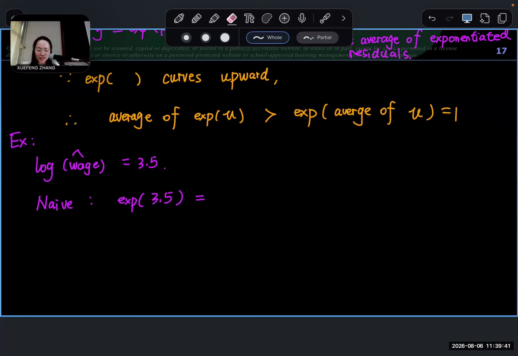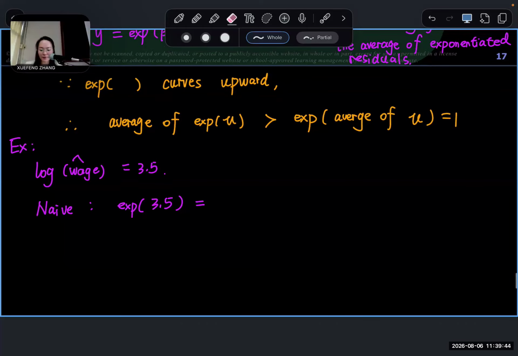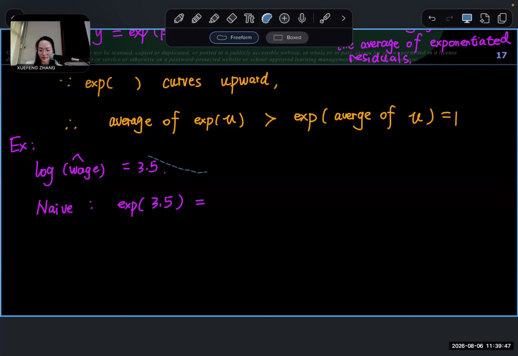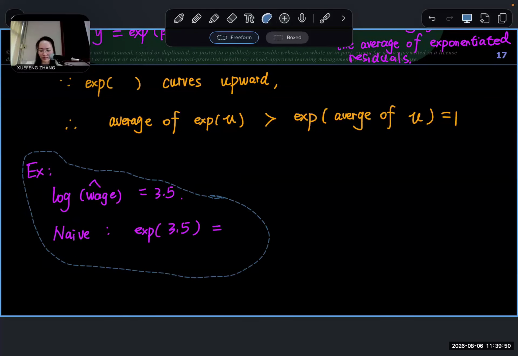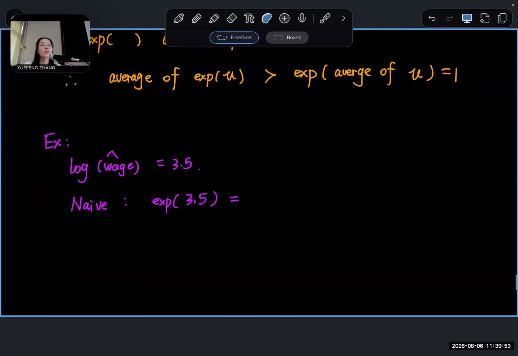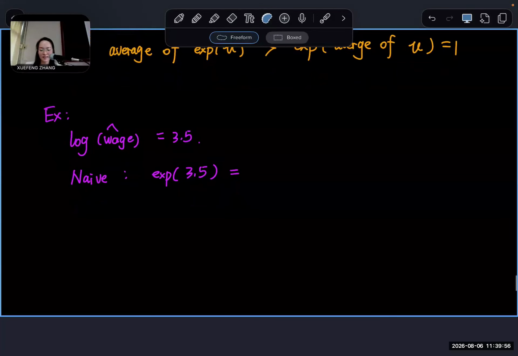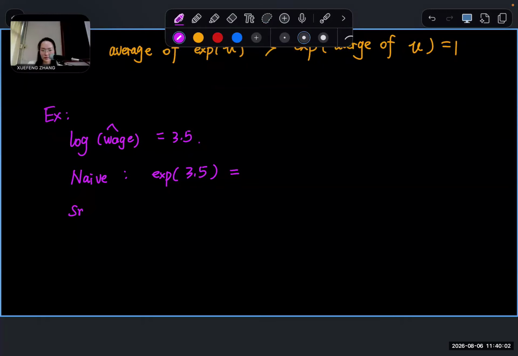So please tell me, what is the exponentiate of 3.5? What is the answer? Yes, just take the exponentiate of 3.5.